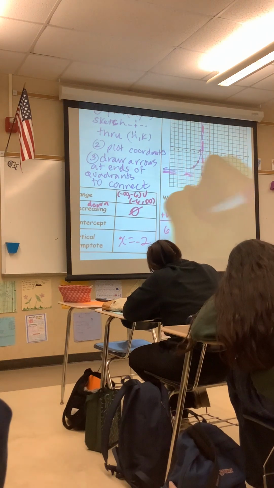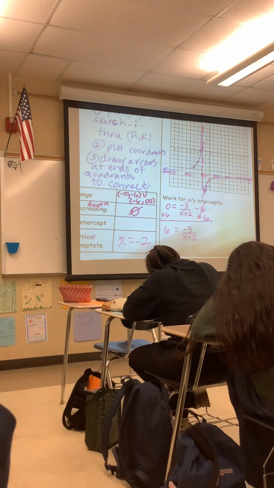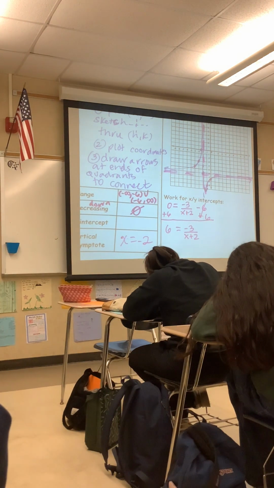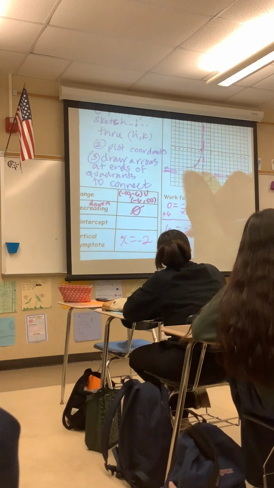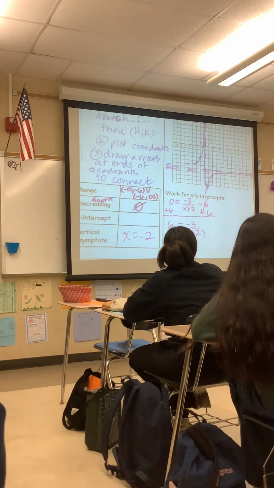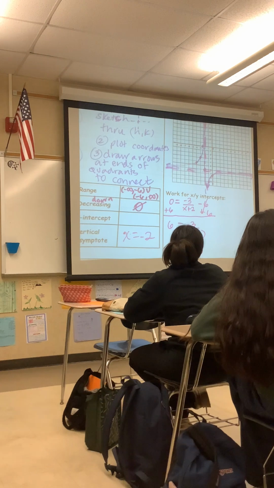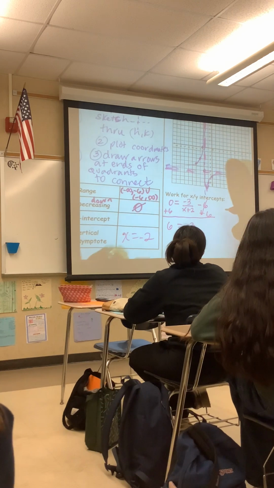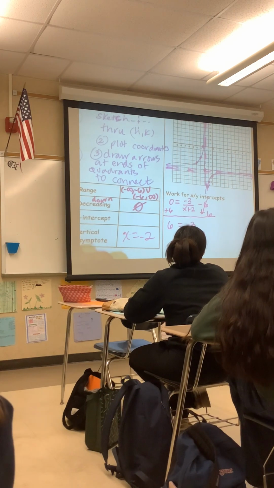That's gonna give me 6 is equal to negative 3 over the quantity x plus 2 in the denominator. At this step, to get rid of the division by x plus 2, to get x plus 2 out of the denominator, we have to be pretty clever. What are we gonna do? What would be our next step? We are going to multiply like Gavin said.